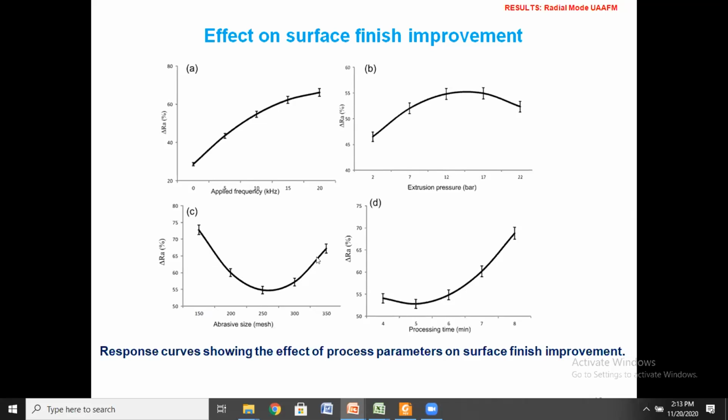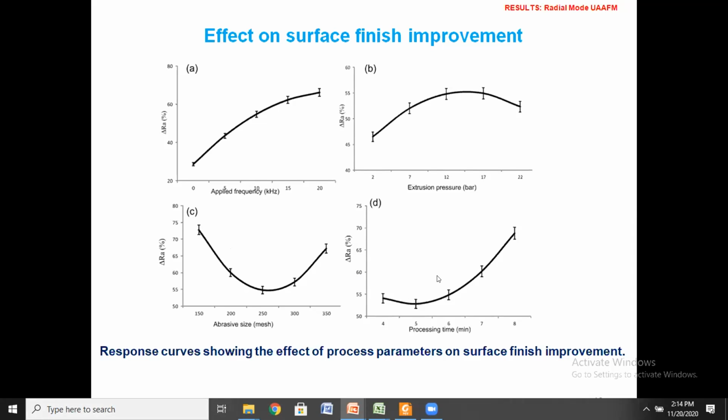Whereas it's not following the trend, maybe because of the quality of the abrasive, or maybe because the abrasives are getting blunt while machining. So based on this result, in the next experimental set, the abrasive size is neglected and kept constant, and we continued doing the experimental setup.